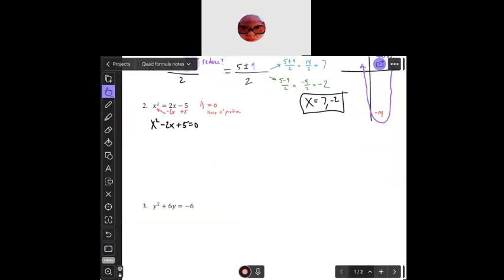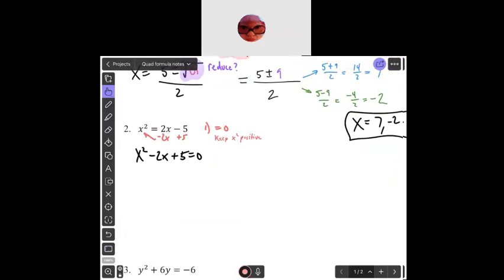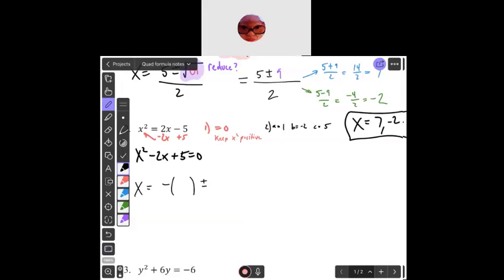Again, at the beginning, you may want to write down what A, B, and C are. So our A value is 1 again, our B value is negative 2, and our C value is 5. Then we're just going to plug it all into the quadratic formula again. I'm going to set up my shells: negative b plus or minus square root something squared minus 4 times something times something.